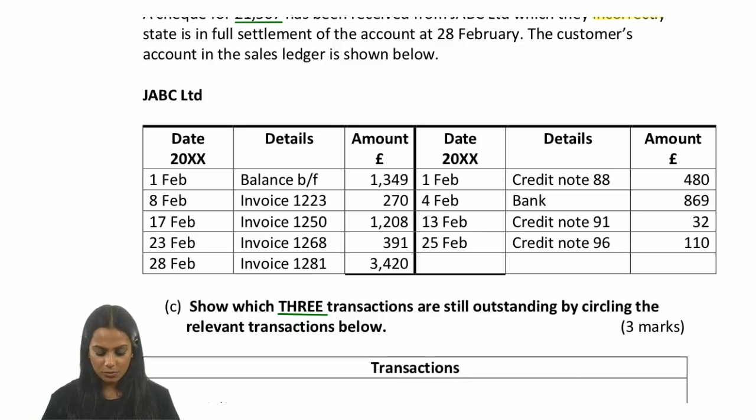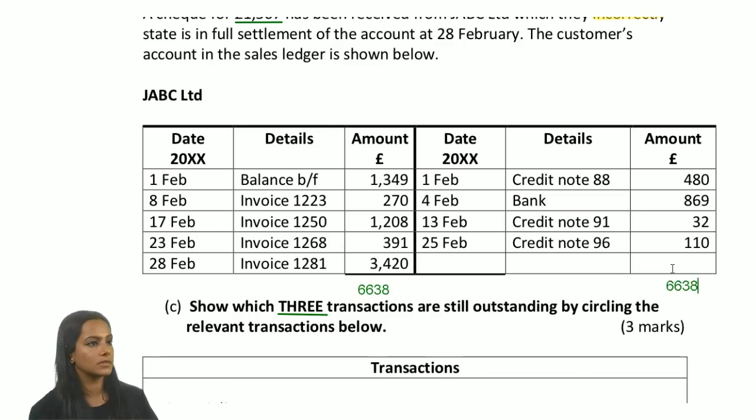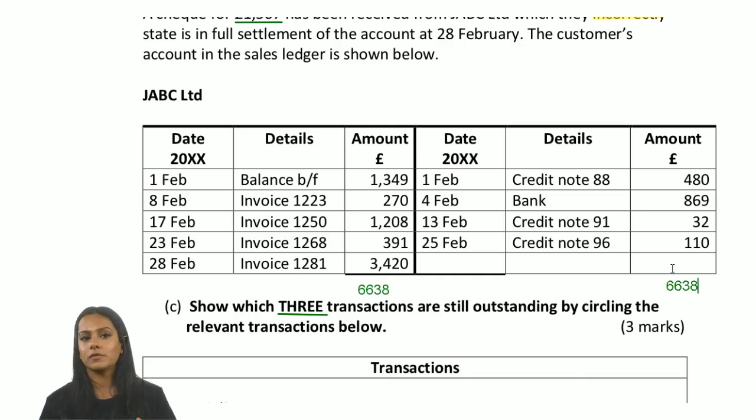But the debit column, 1349 plus 270 plus 1208 plus 391 plus 3420, is 6638. So clearly the debit side is higher than the credit side. So I'm going to place my totals, 6638, at the bottom of both columns. The difference between the credits total and the debits total will give us the balance carried down.